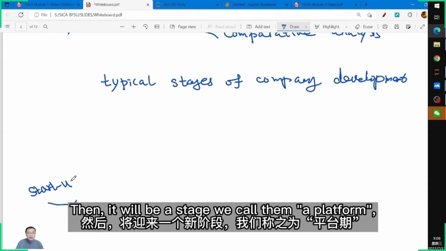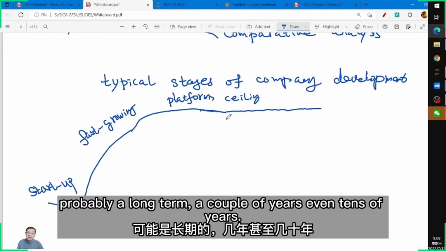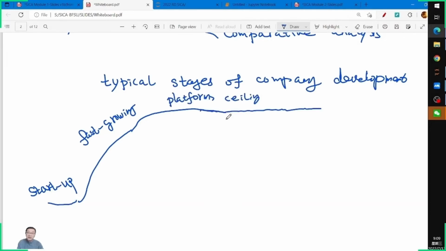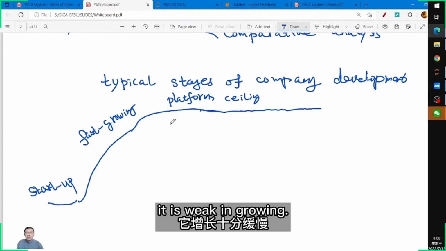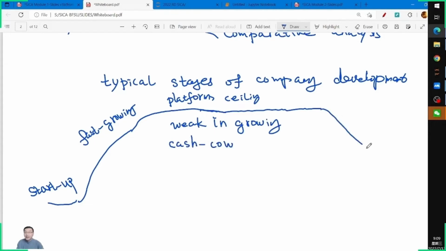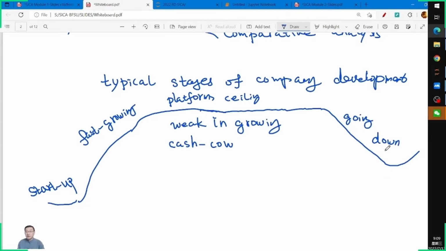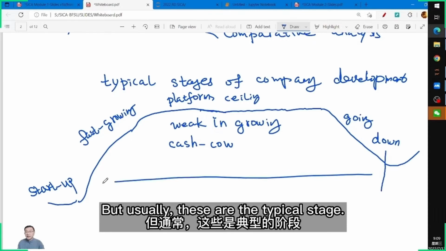Then it will be a stage we call a platform or the ceiling. And this stage could be maintained for a long term, probably a couple of years, even tens of years. So it is weak in growing, but it has strong capability to be a cash cow. Then going down, probably going up if they have a smart leader or a strong leader, but we don't know. But usually these are the typical stages.